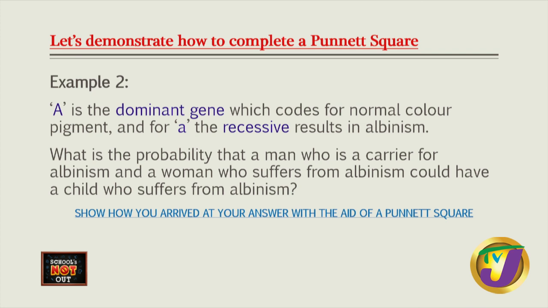If you have lowercase a, which is recessive, and you have homozygous recessive, it results in a condition that we call albinism. Now we're going to say, what is the probability that a man who is a carrier for albinism and a woman who suffers from albinism could have a child that suffers from albinism? So let's look at our Punnett square.